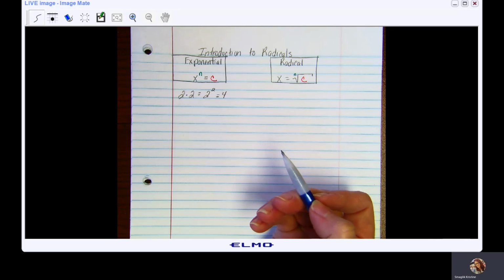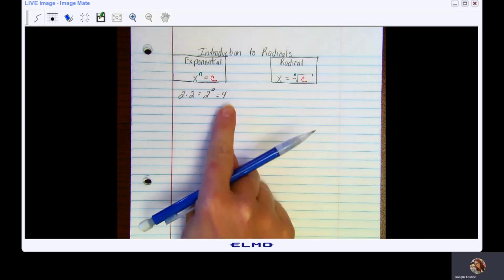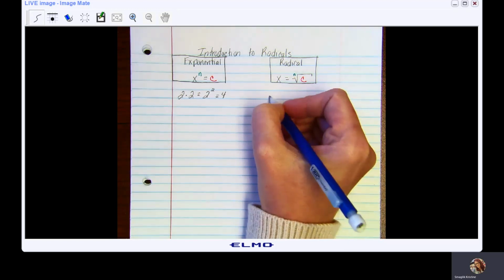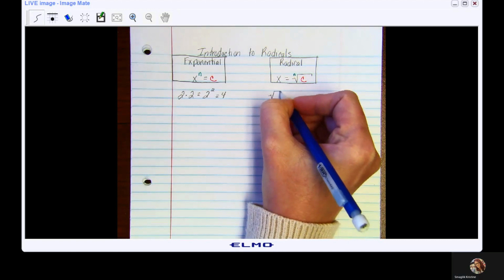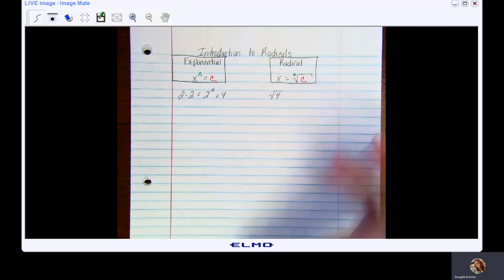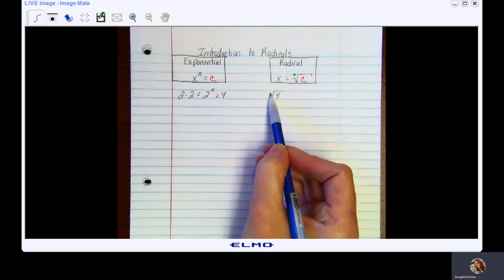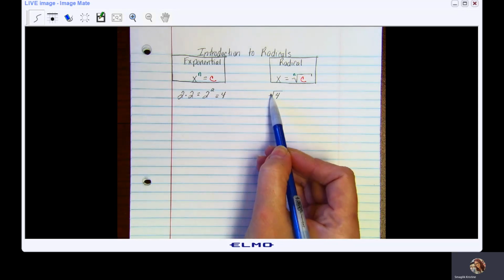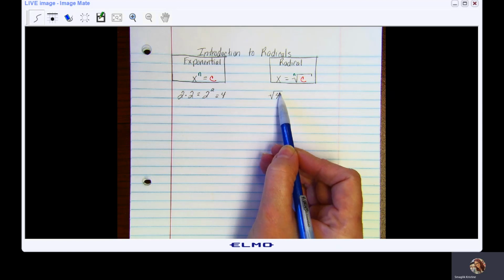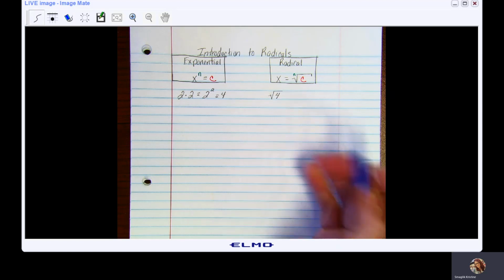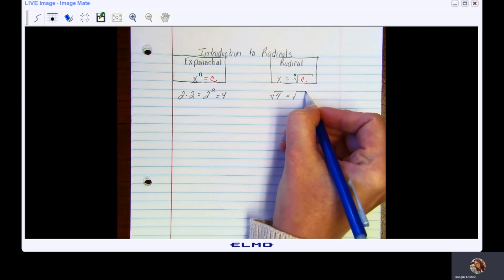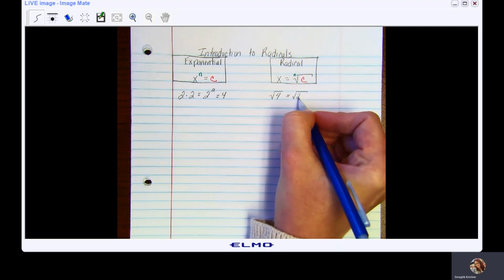Now, if I want to write this in radical form, my answer goes underneath the radical. My index, which is the exponent, is 2. Whenever we take a square root, notice we don't ever have a number there, so this is understood as a root of 2, a square root. We also know the square root of 4, if you factor that out, is 2 times 2.